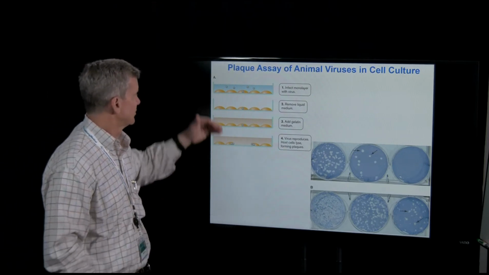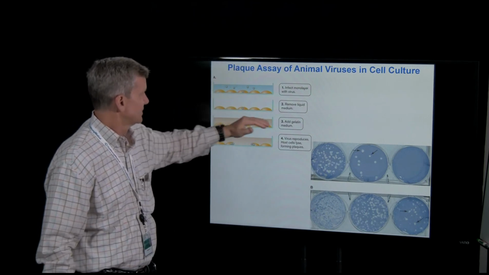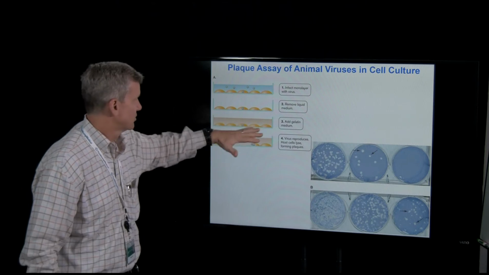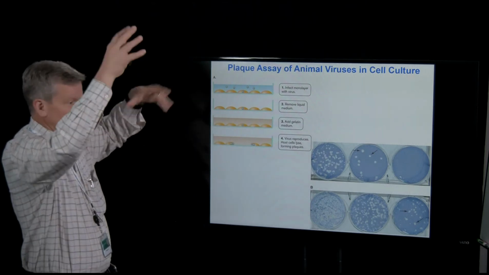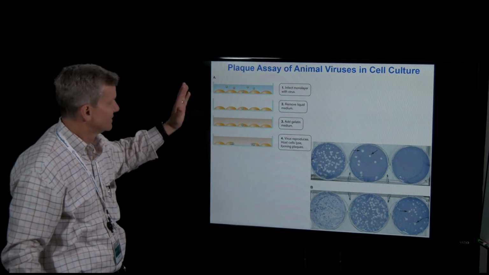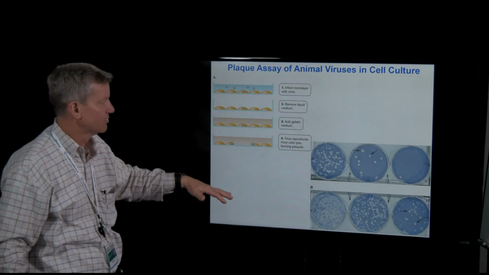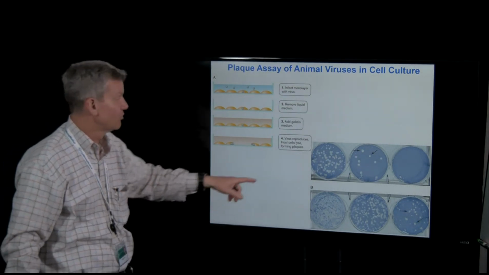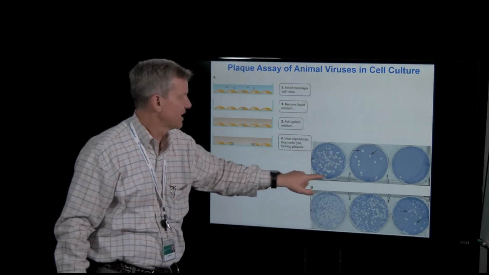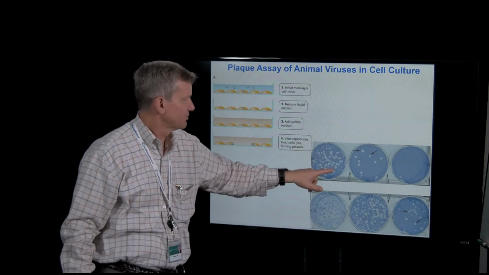So the way it works is the virus infects the cells, then we add some agar that doesn't allow the virus to swim around, so the virus infects neighboring cells. Then we stain all the viable cells with a viable cell dye. If there are no viable cells, then we have plaques here.